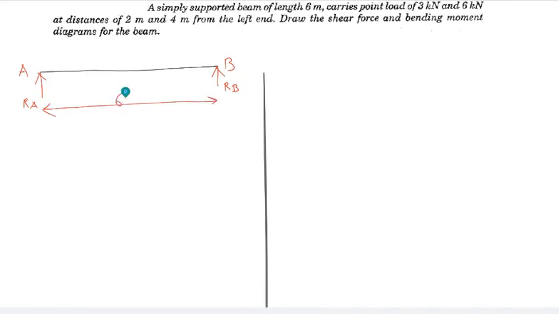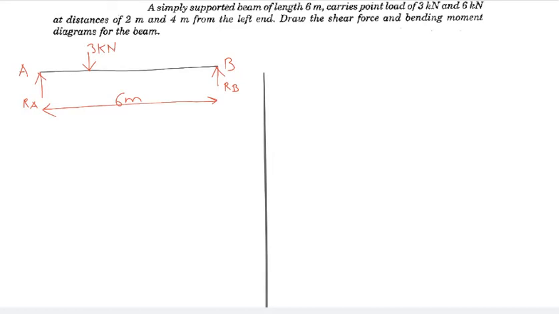Then the first force is acting at 2 meter distance from left, so over here 3 kilonewton force is acting. Then at 4 meter from left end 6 kilonewton force is acting.